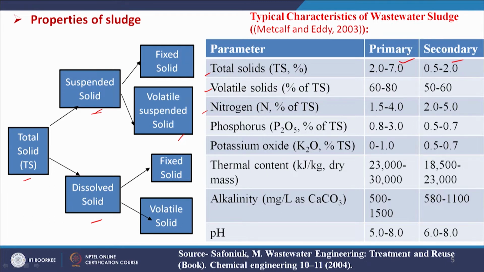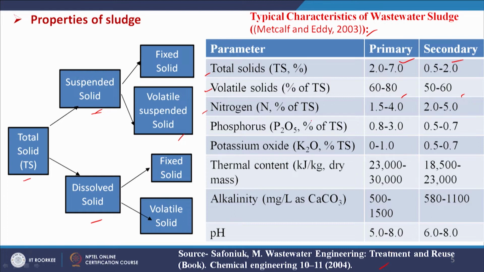So, at the bottom of the primary clarifier we get sludge with more total solids than at the secondary clarifier bottom. Now, for volatile solids, we see the percentage of total solids. Out of the total solids present, the volatile portion will be 60 to 80% for primary and 50 to 60% for secondary. These are typical values as provided in these references, and they may change from place to place or treatment plant to treatment plant within some range.